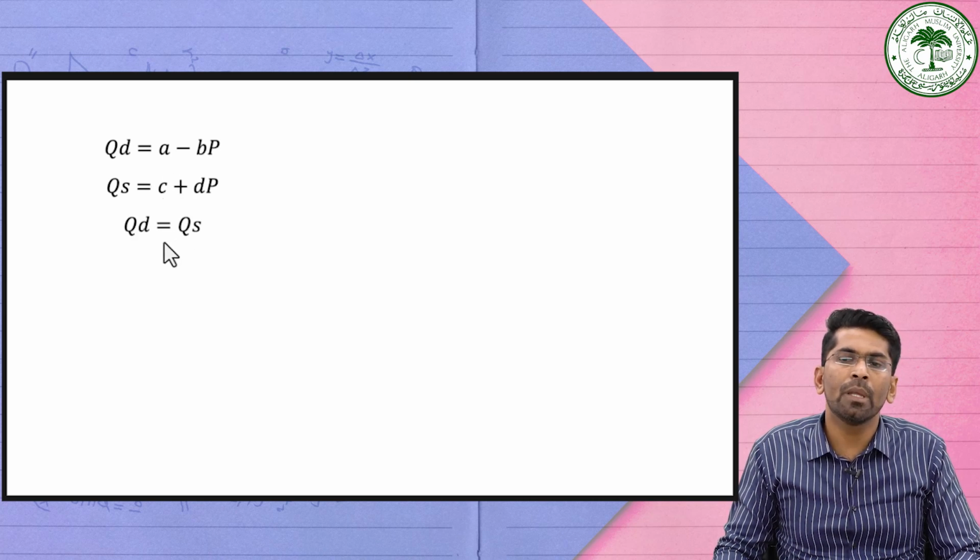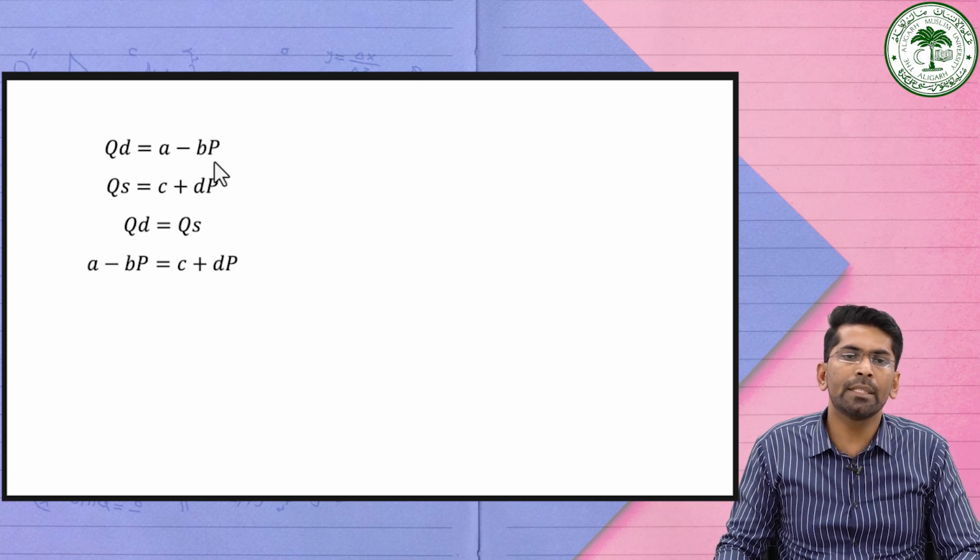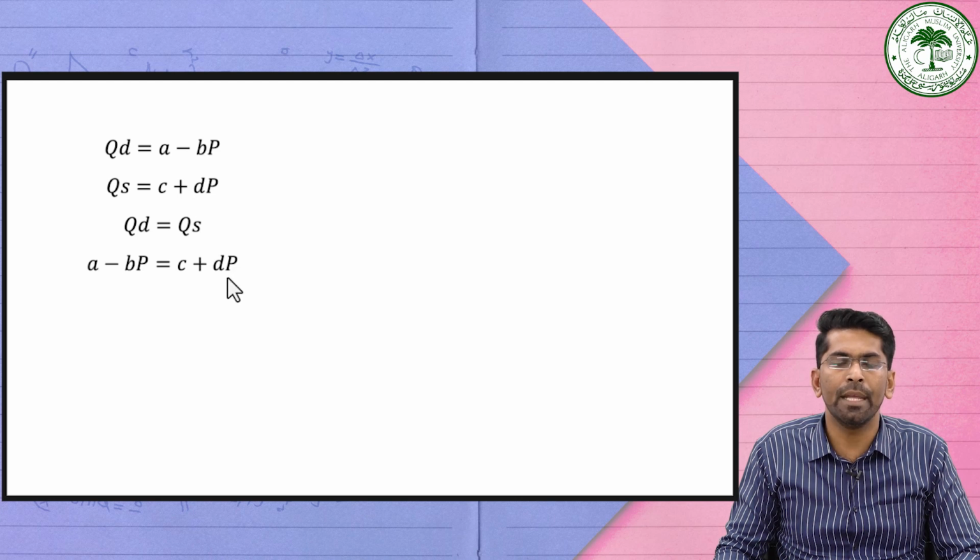In equilibrium, the quantity demanded is equal to the quantity supplied. Here quantity demanded is A minus BP, and quantity supplied is C plus dP. We are going to equate both terms, so instead of quantity demanded we write A minus BP, which is equal to the quantity supplied, C plus dP.